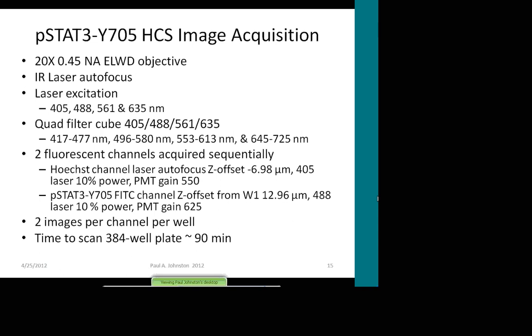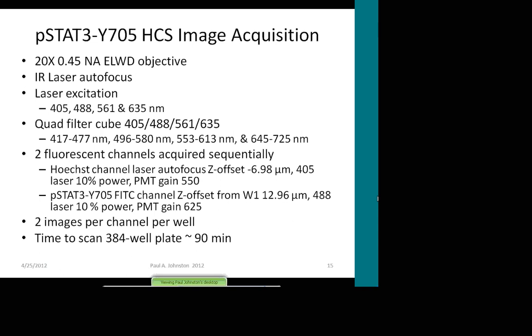This is just a summary of the high-content imaging acquisition. We use the 20x 0.45 NA, extra long working distance objective, the infrared laser autofocus. Obviously, we use the 405 and the 488 lasers, quad filter cube, and we acquired 2 fluorescent channels, acquired sequentially, the Hertz channel.